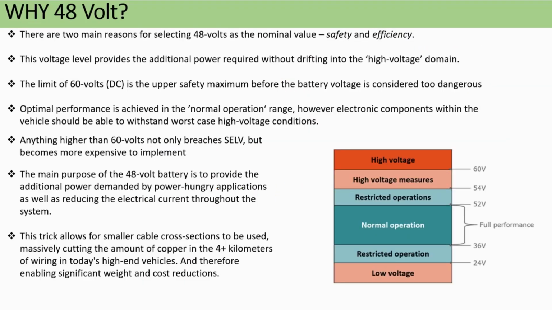Then your question would be, you might have seen 48 volt, and you might have seen 12 volt. Why are we not using 36? You might be aware that we can use multiples of 12: 12, 24, then 36, then 48.